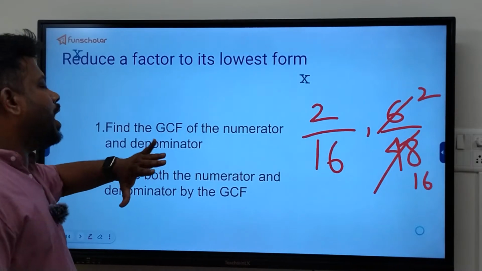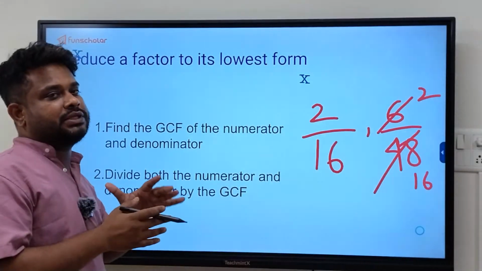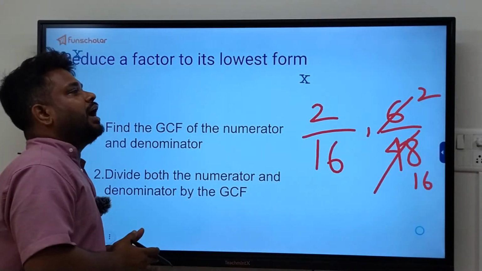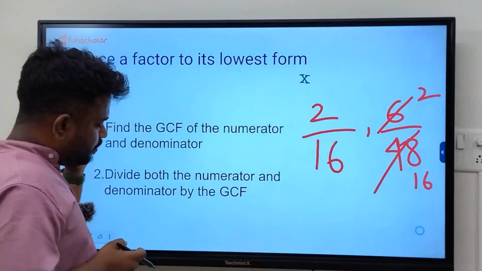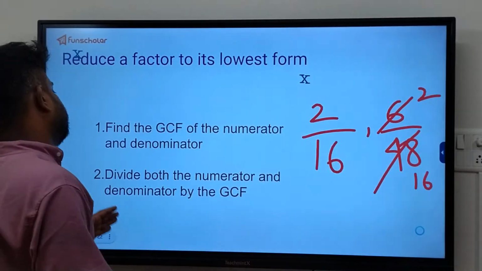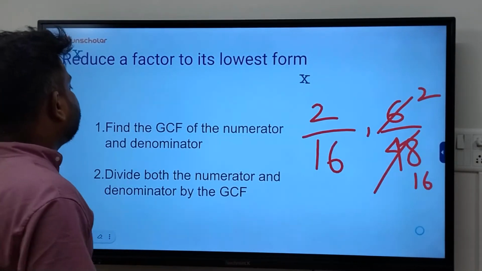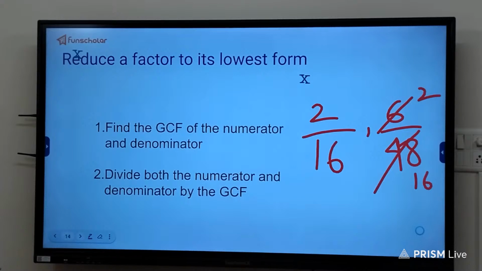So how? I am doing it with a simple cancellation, and you may also know simple cancellation. But what is the original theory behind this? Find the GCF of the numerator and denominator. Divide both the numerator and denominator by the GCF.